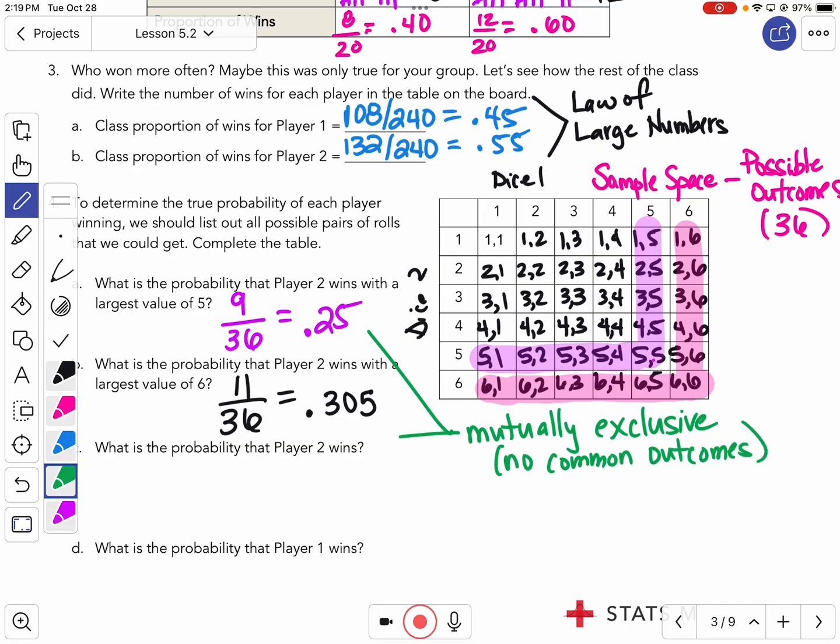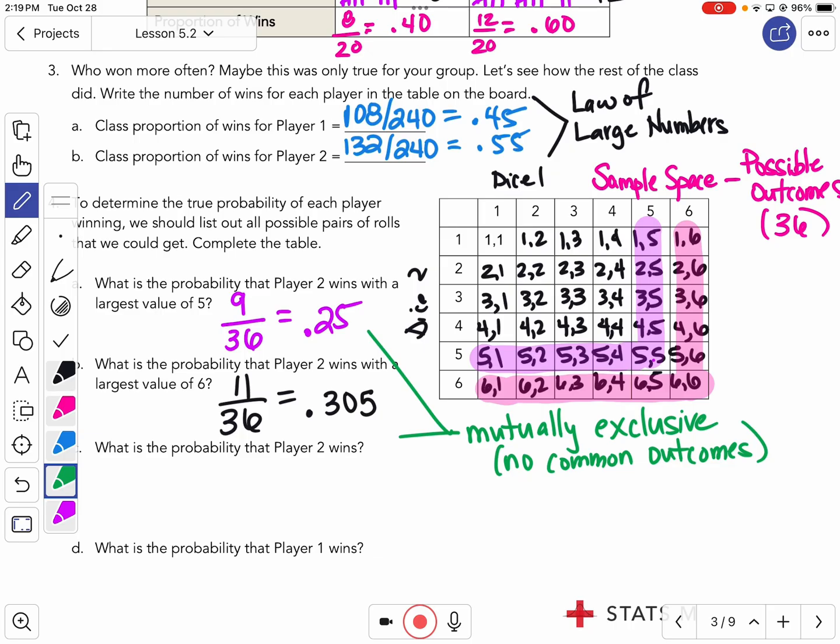In order for the 5 to win, 5 had to be the largest number. 6 could not be a part. In order for the 6 to win, 6 had to be the largest number. So there are two things that are independent of each other. They have no common outcomes. That's referred to as mutually exclusive events.